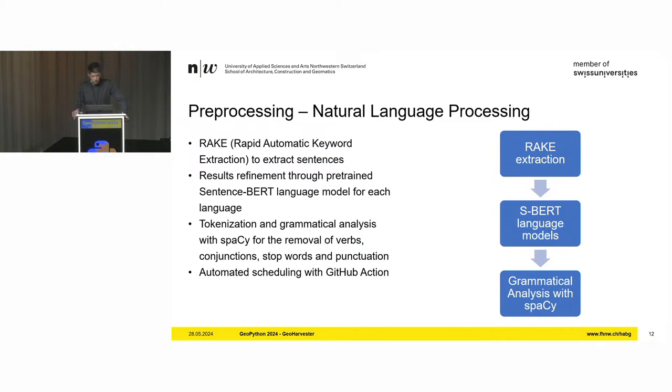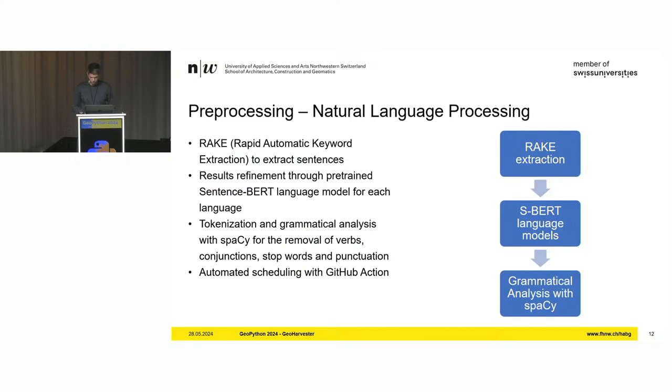And we refine these words, and we also tokenize the results using grammatical analysis, exploiting the package spaCy, which is very useful to analyze the grammar of sentences. Of course, this step was also automated with a GitHub Action.